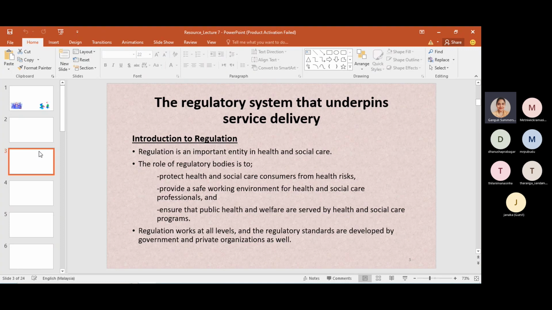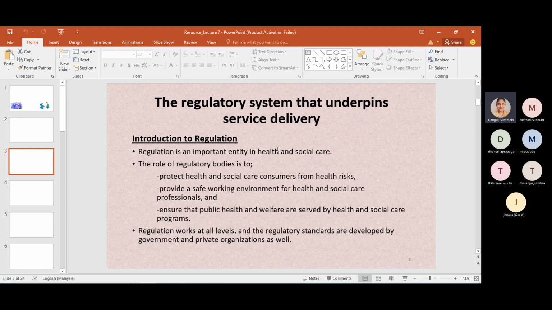The people in the workplace should follow these standards. The same thing applies for the health and social care sector as well. Even in the health and social care sector, we have some standards, rules and guidelines, and these should be followed in the workplace.